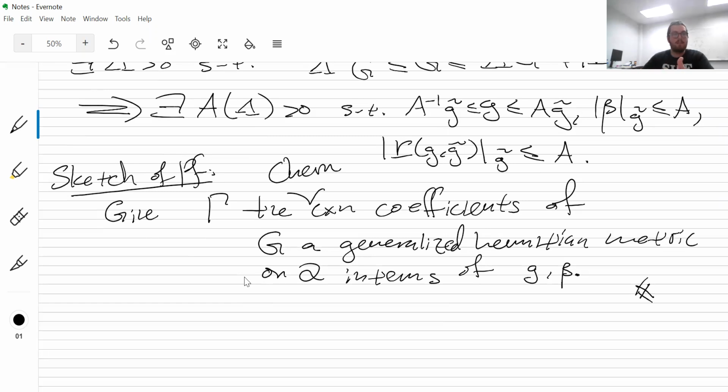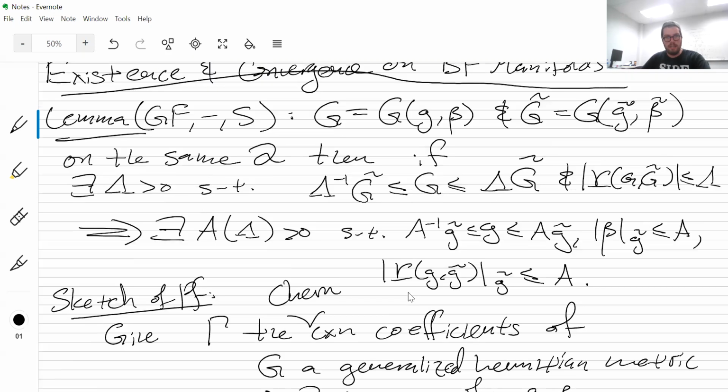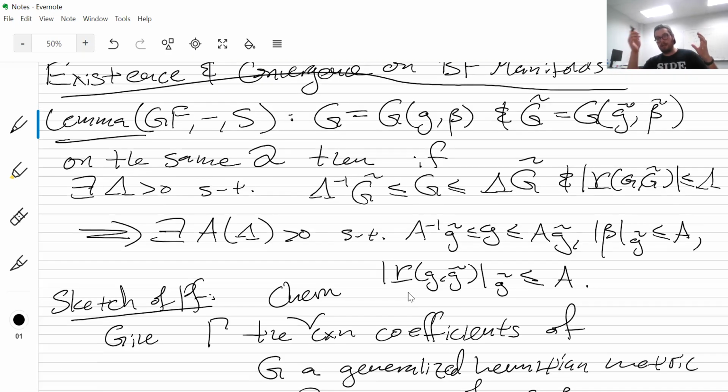So in particular, I guess just not to rush it too fast. If you think about G, the bottom right corner is little g inverse. So if you feed it two covectors, you can get all the components of little g inverse, and you know that it has to satisfy bounds like this.